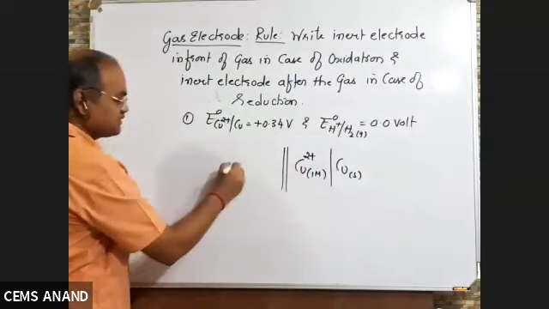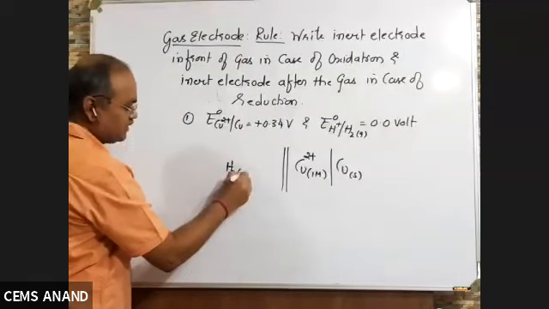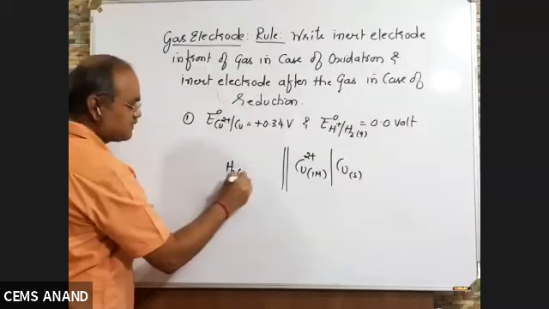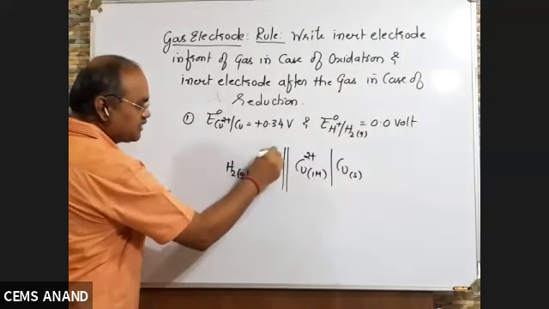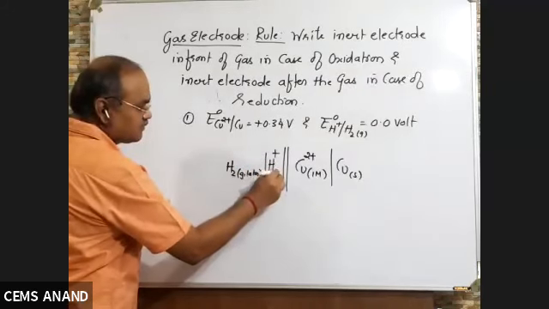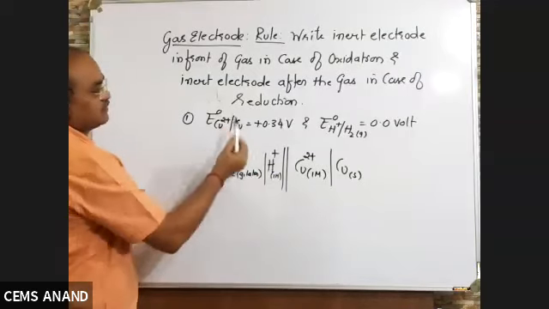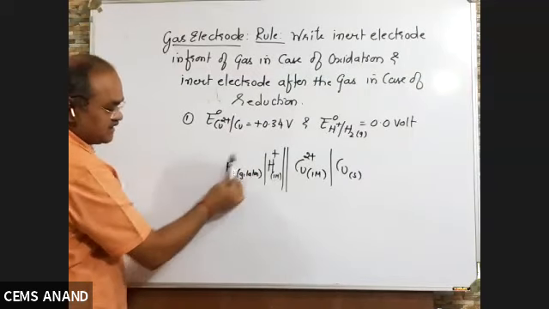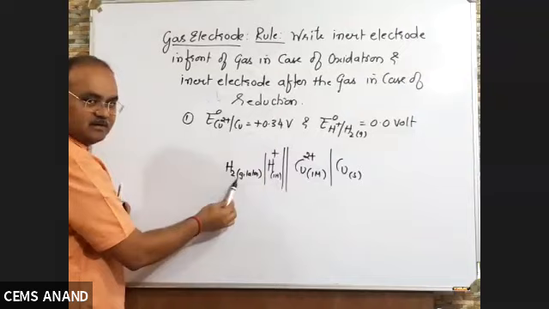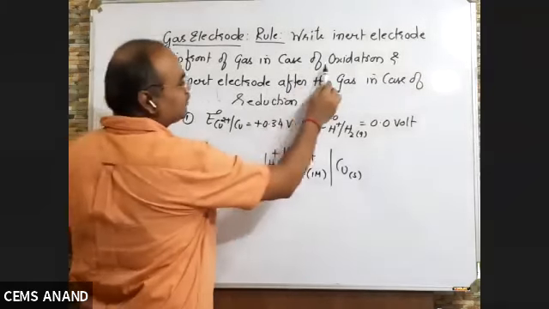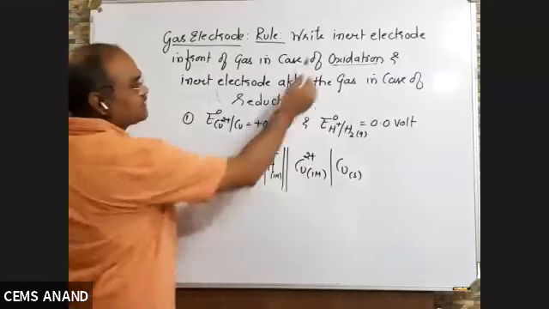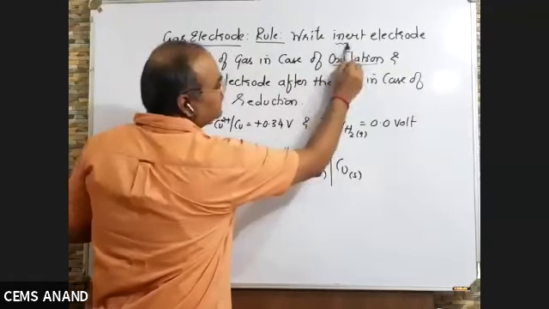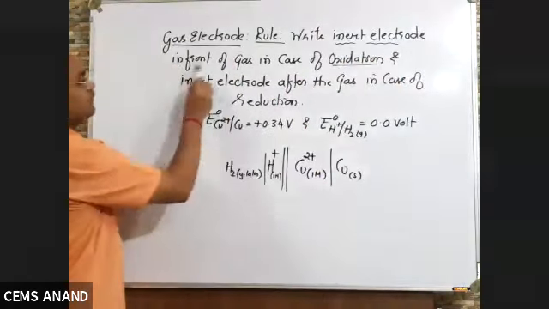And oxidation means H2 gas, 1 atmosphere | H+, 1 molar. Now listen to this rule. On this side the gaseous molecule is there. Anode has a gaseous molecule, meaning the gas undergoes oxidation. If it undergoes oxidation, the rule says you have to write inert electrode in front of the gas.